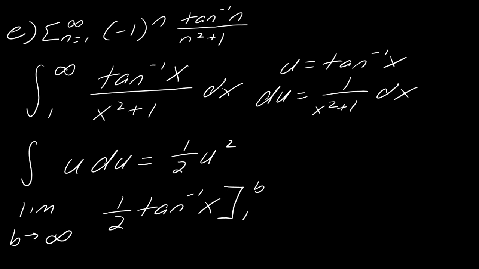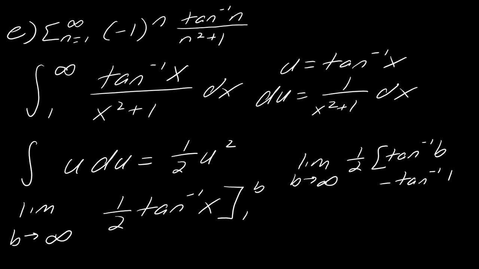Okay, so here's now what I want to evaluate. I'm going to have the limit as b approaches infinity of 1/2. I'll just factor the 1/2 out. Inverse tangent of b minus inverse tangent of 1. Oops, and I forgot to square all of that. Let me square all of that. Now you do need to know something about inverse tangent.